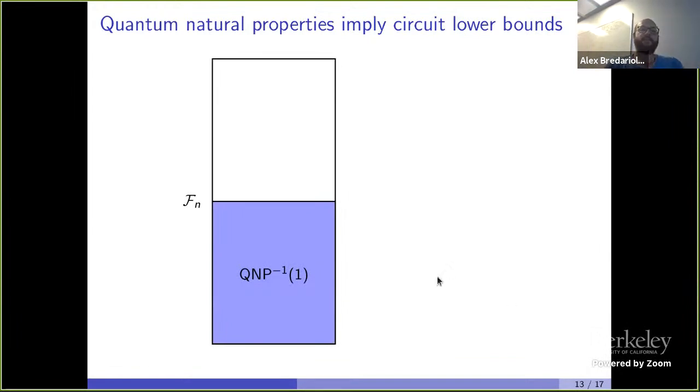If you consider the set of all possible functions, we have the preimage of one, considering these quantum natural properties, and we know that this set is large by the largeness property of quantum natural properties. And we have the zero preimage. It might be small, but in particular it contains the circuit class C by the usefulness of this quantum natural property.